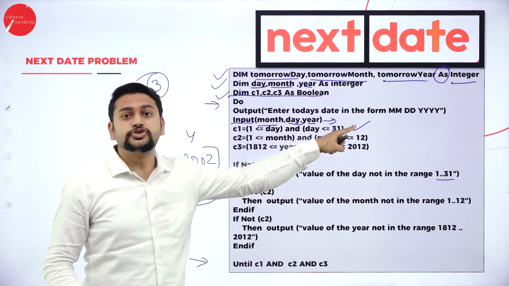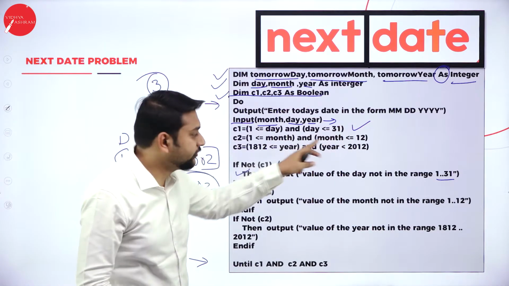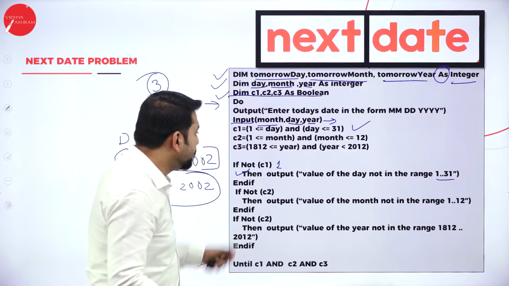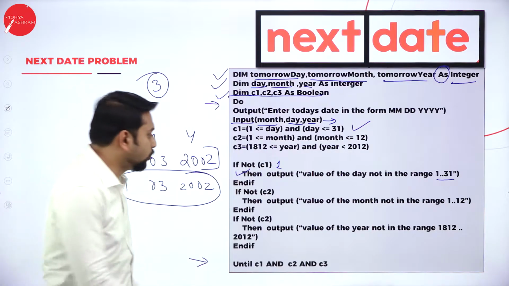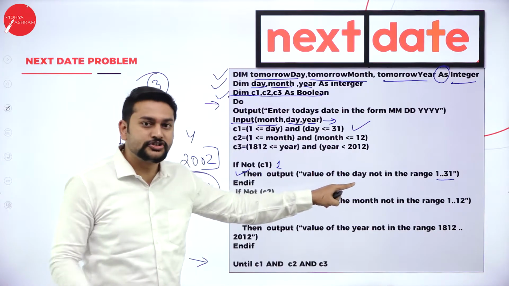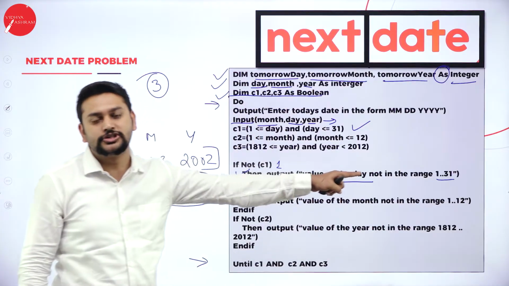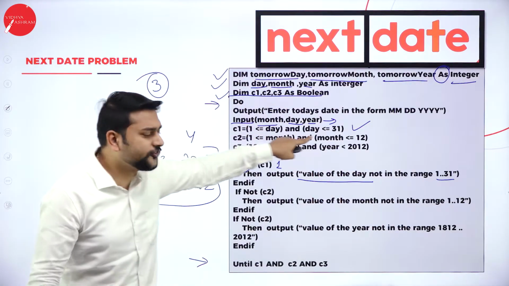Suppose the condition is true. Please observe, if the condition is true, nothing will happen. Suppose the condition is not true, that's what we have given: if not C1, then I will be printing the error message saying that the value of the day is not in the range. It will check the condition.